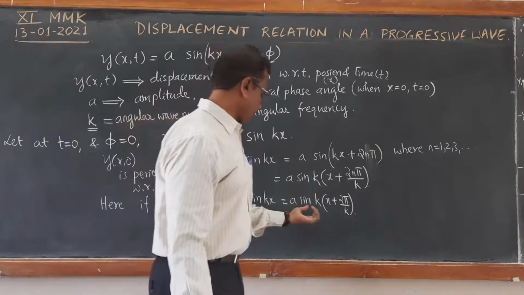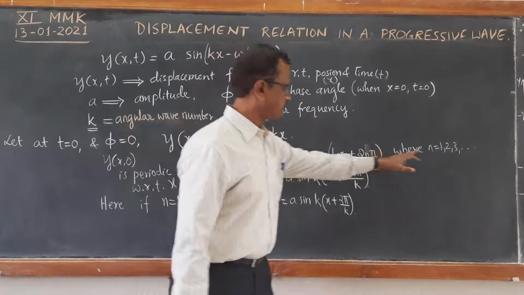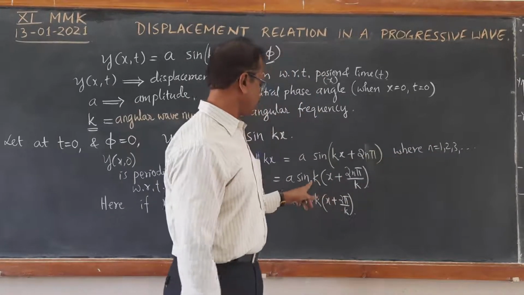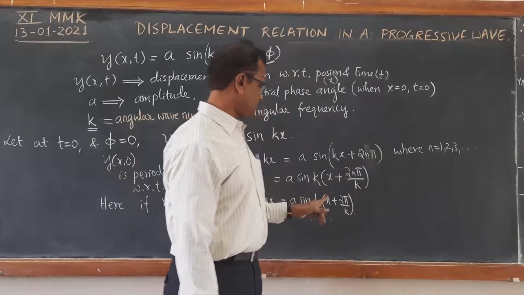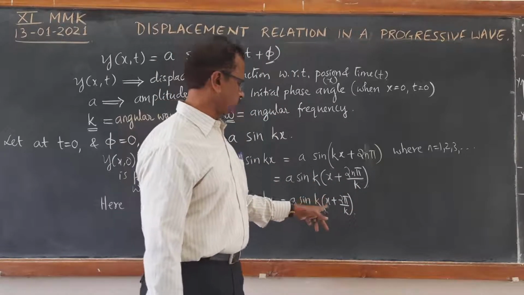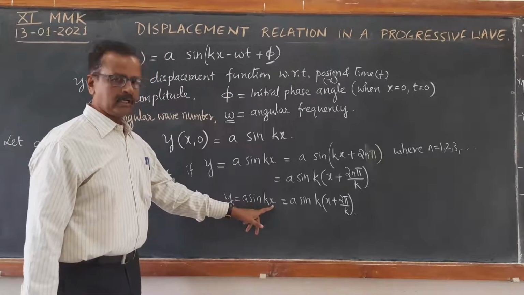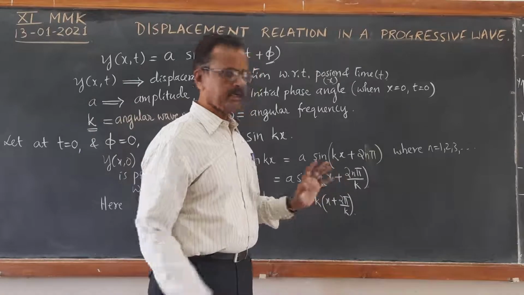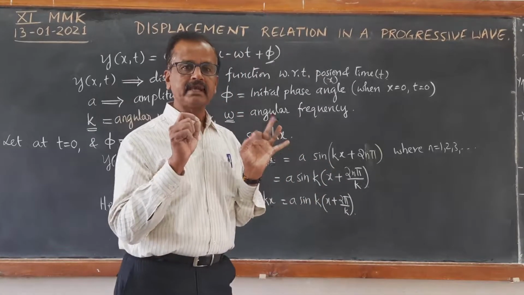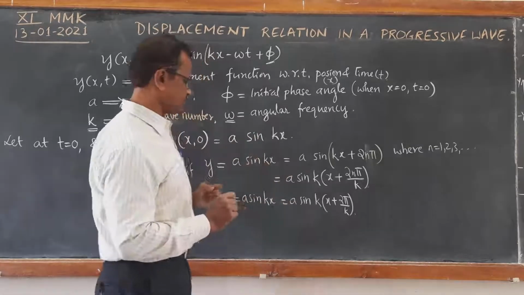Now, you can write this for n equal to 1, we get a sin k(x plus 2 pi by k). So, x plus 2 pi by k means the displacement of the particle at x and the displacement of the particle at x plus 2 pi by k will be the same, which means they are in the same phase. That is the meaning of this equation.